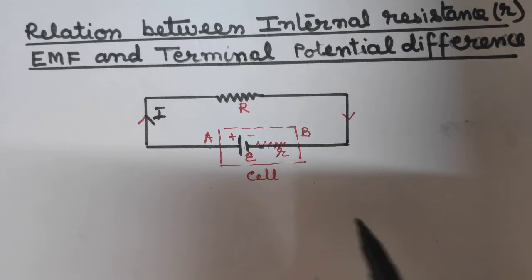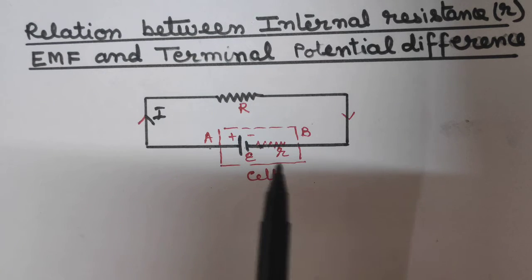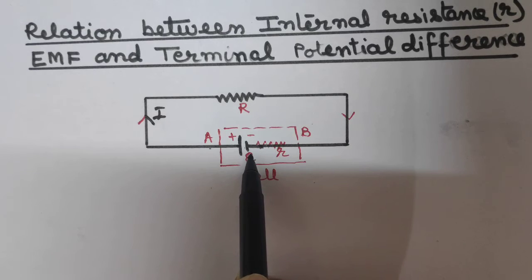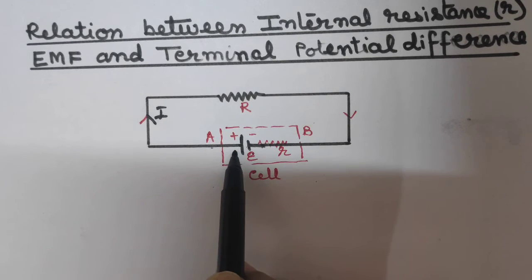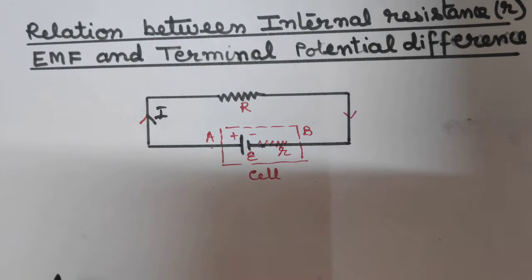So we know the definition of EMF. EMF is the amount of work done by the cell in carrying a unit positive charge along the complete circuit.